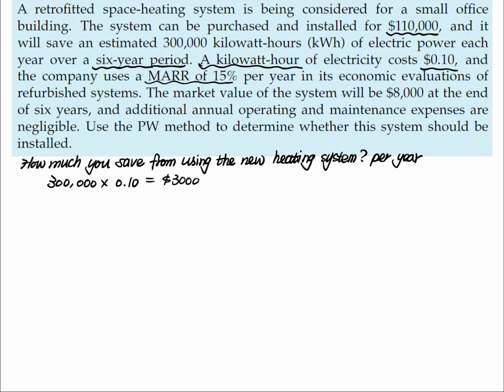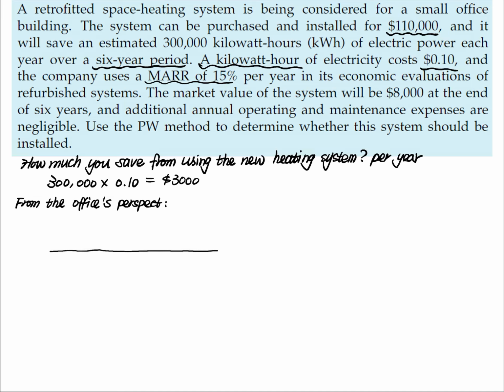So the first thing is you want to draw the cash flow diagram first. So you draw it from the office building's perspective. Okay, because you're the office, so you want to install it, so you need to spend this 110,000.